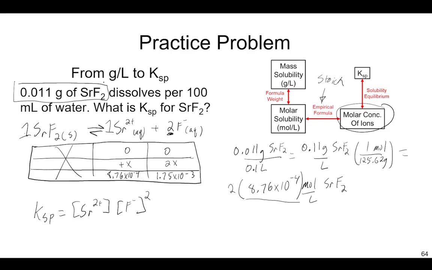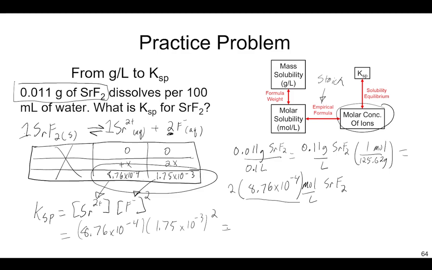Okay, so we're using the mass solubility, converting it into a molar solubility, then figuring out the stoichiometric ratio to come up with these equilibrium amounts that now can go into my expression for Ksp. Multiplying all that out, I get 2.7 times 10 to the negative 9.